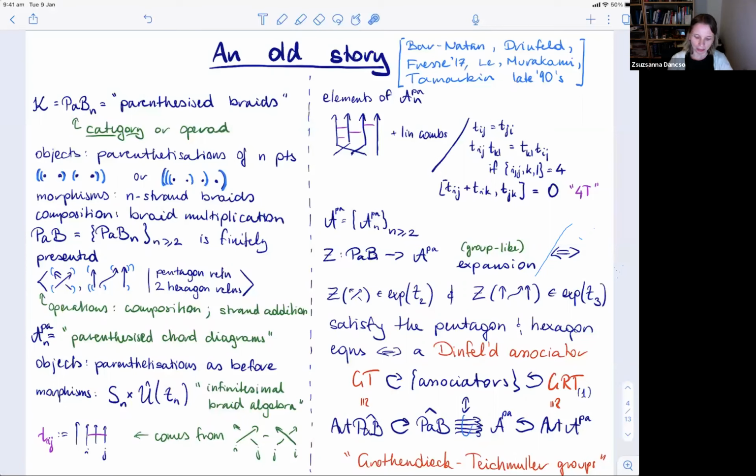So if you take expansions from parenthesized braids to parenthesized chord diagrams, then the automorphism groups of parenthesized chord diagrams and parenthesized braids act on these on the right and the left with commuting actions. Technical detail is that here you need to do a pro-unipotent completion, but I don't want to go into that.